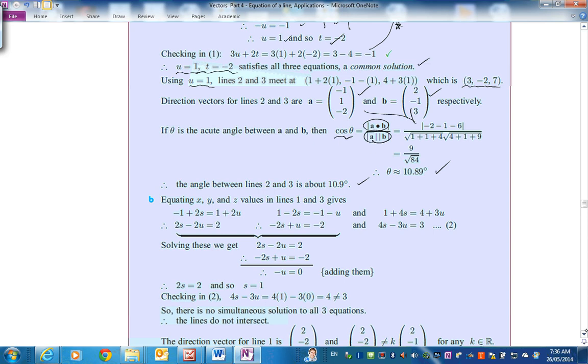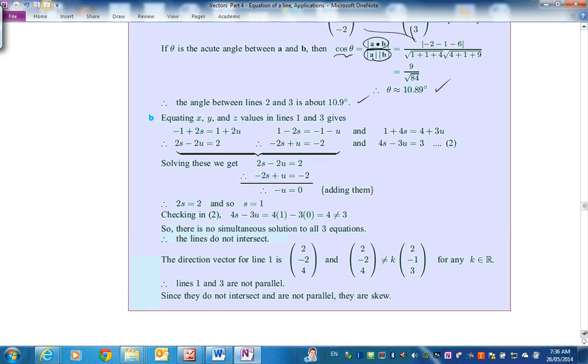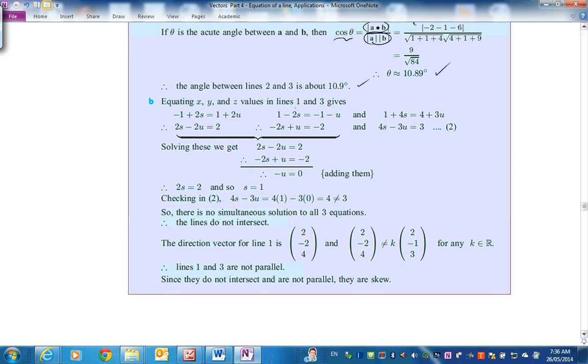Okay, so let's look at the skew approach, lines 1 and 3 now. What we're going to try to do is see if the lines intersect for a start. Okay, so do the lines intersect? We're going to do the same thing: put the x's together, y's together and z's together.